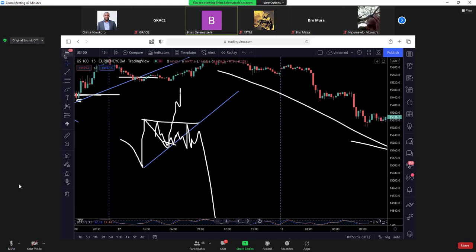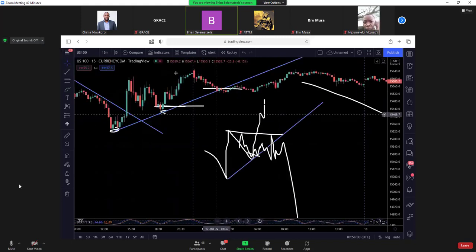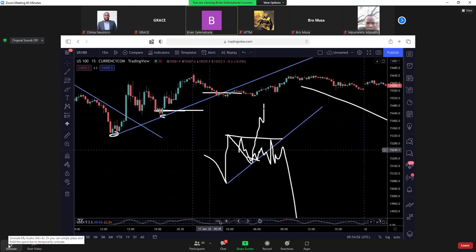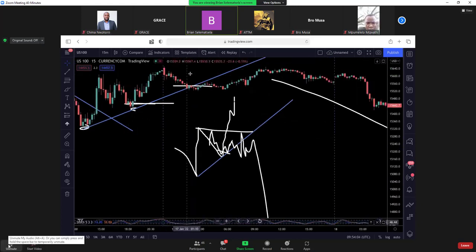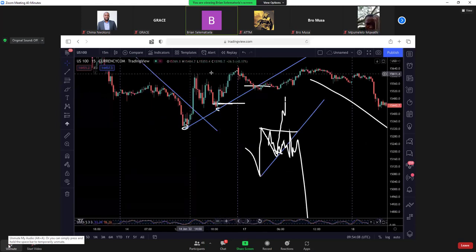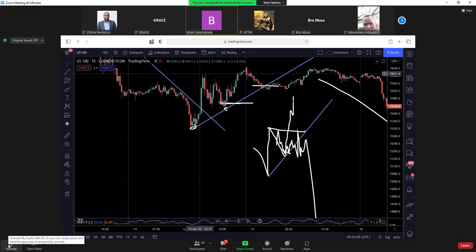Then it will be very effective. That's how we measure it. Even here it has broken the thing; it doesn't matter if it comes back, it has broken it.